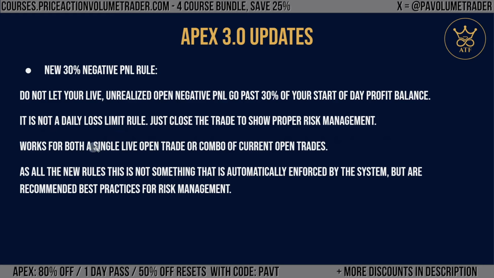This works both for single trades and as a combo if you have several different trades open in correlating markets, etc. As with all new rules, this is not automatically enforced by the system, but they want to see you monitoring and practicing good risk management. So basically, don't allow a trade to go into an unrealized open PnL of more than 30% of your starting daily profit balance.